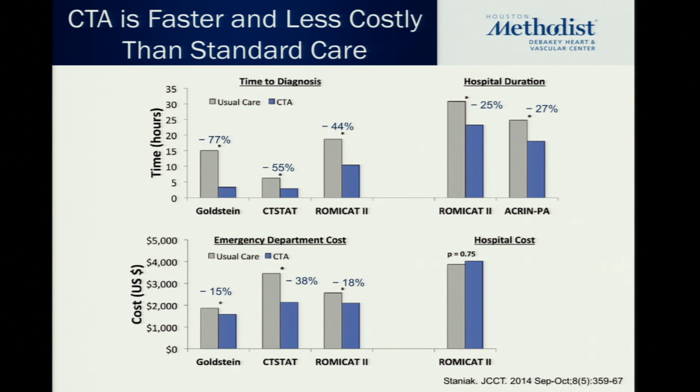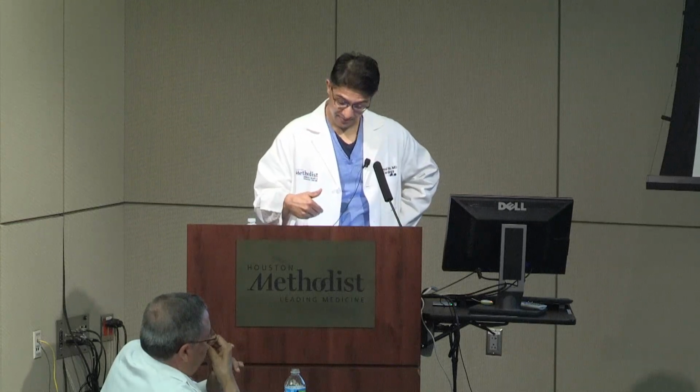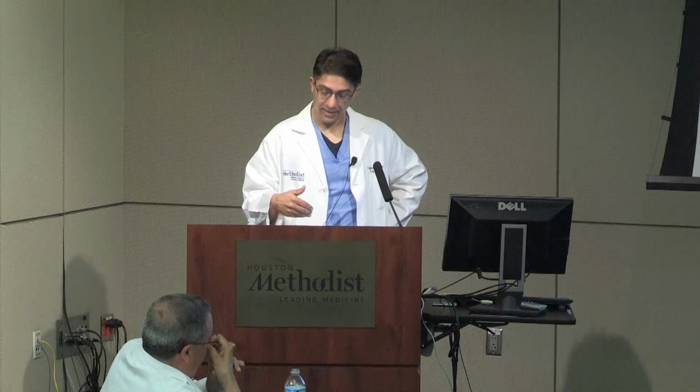So these patients would come to the lab, with a little bit of beta blockers and nitroglycerin, bam, you would have imaging done in 15 seconds, and as long as you had a doctor to read it, these patients were going home. And that decrease in time to diagnosis obviously led to less ED costs, and then as a result led to decreased hospital duration.